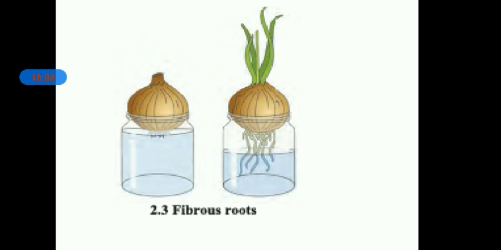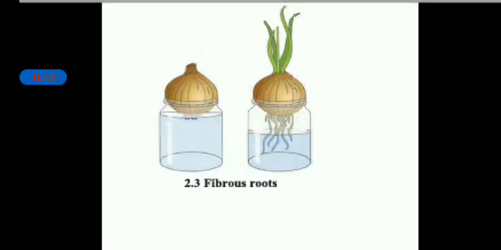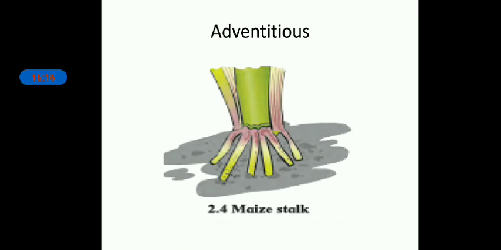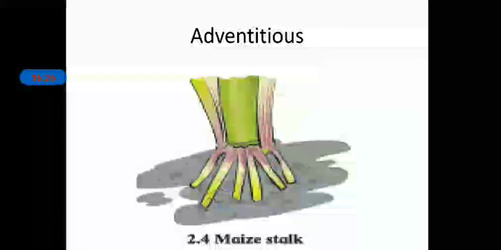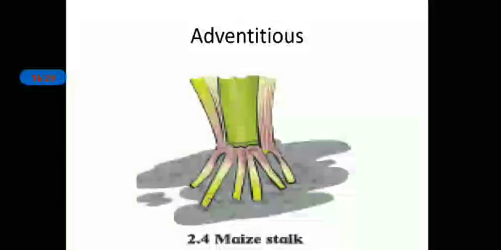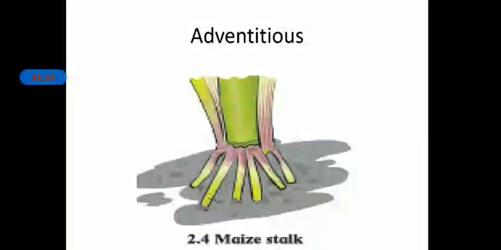Now you can refer to your figure 2.4, and we will learn about adventitious roots. What is an adventitious root? Here an example of a maize stalk is given. Now see, it contains two types of roots. Which are those two types? The very basic ones grow below the soil, but some roots are not underground; they grow from the stem just above the soil.